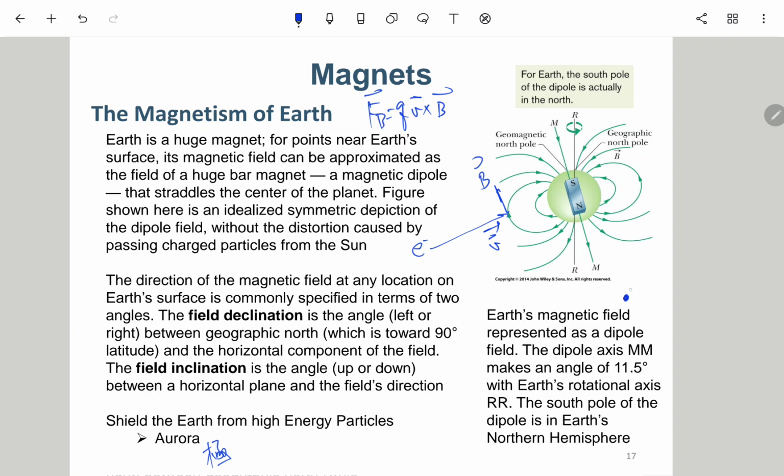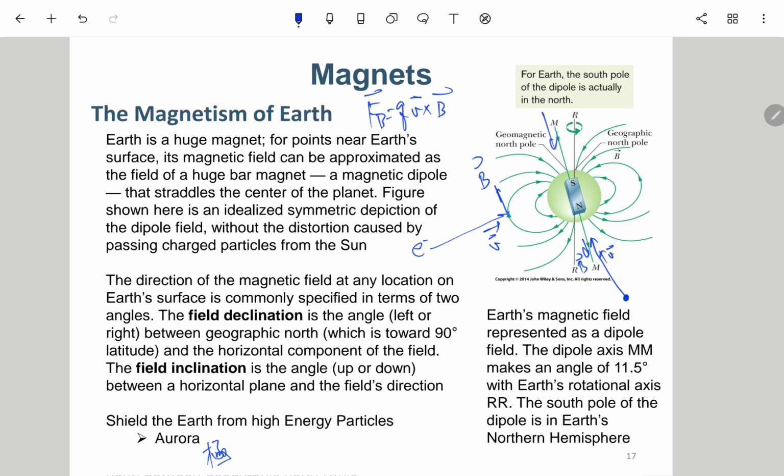But the idea is if a high energy particle is shooting from this direction, almost from the north pole of the B field, the B field is pointing in this direction and V is pointing in this direction. So V and B have a 0 or 180 degree angle, depending on whether you come from bottom to top or the other way.